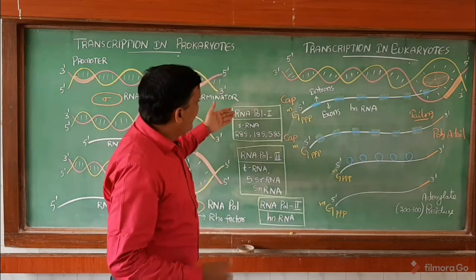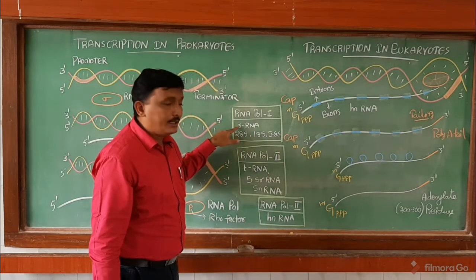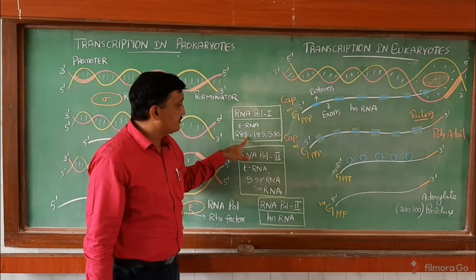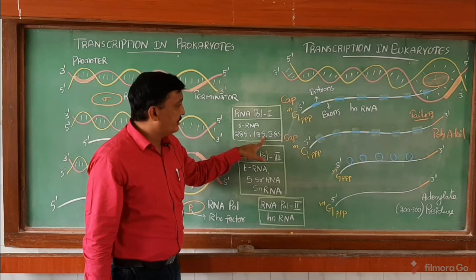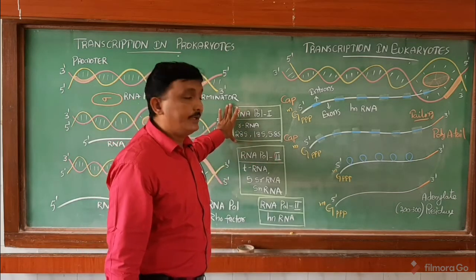For example, RNA polymerase 1 helps in the transcription of rRNA. rRNA means ribosomal RNA subunits like 28S Svedberg unit, 18S and 5.8S. That is the function of RNA polymerase 1.